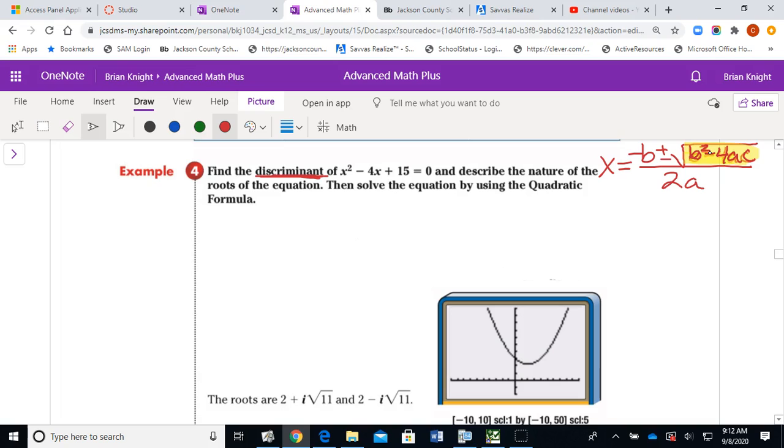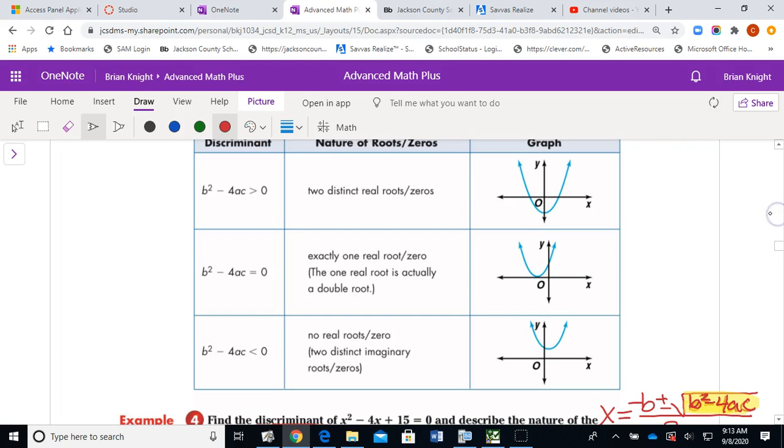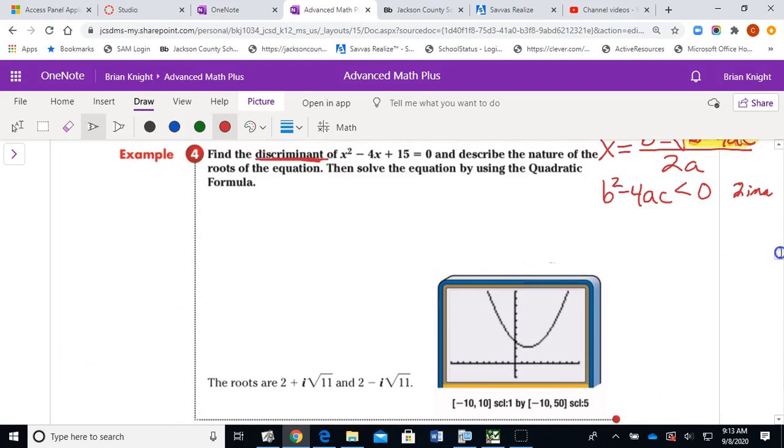If b squared minus 4ac is negative, if it's less than 0, they're going to be 2 imaginary. If b squared minus 4ac equals 0, there's 1 real answer.